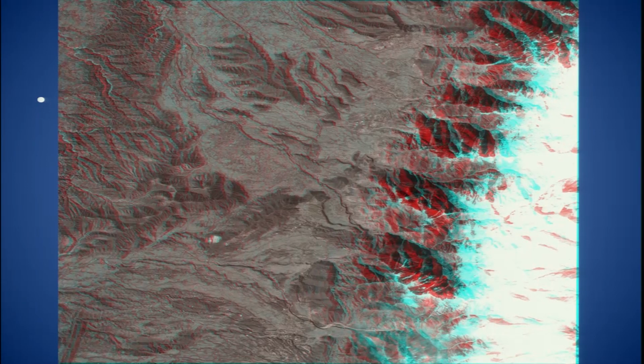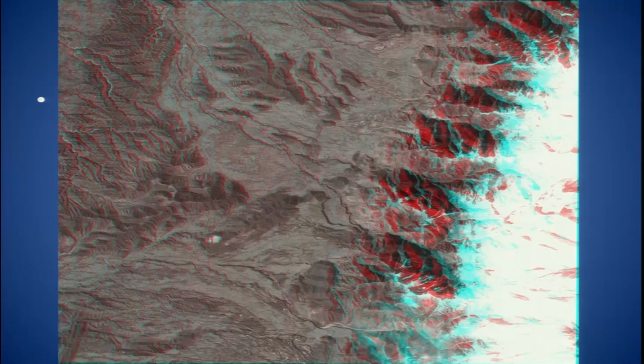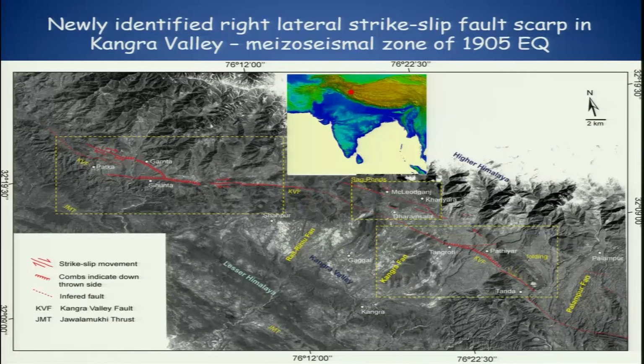We will also give a lecture on how you will be able to prepare an Anaglyph, and using the 3D glasses, how you can see the terrain in 3 dimensions. Now this type of technique is going to help you in locating or demarcating the surface deformation or the manifestation of faulting on surface. So let's go one by one into the detail.